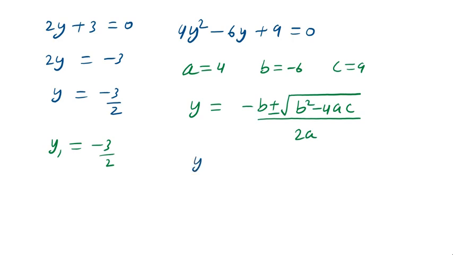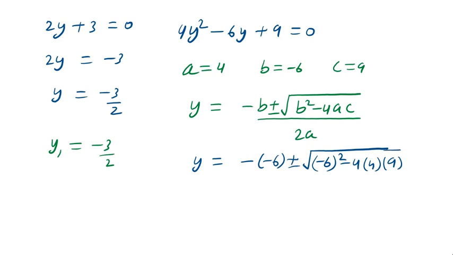Now y is equal to minus, replace b by minus 6, plus minus square root of, b is replaced by (minus 6) square minus 4 times the value of a, which is 4, and the value of c, which is 9, divided by 2 times the value of a, which is 4.